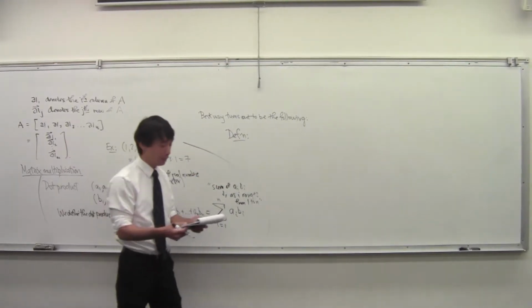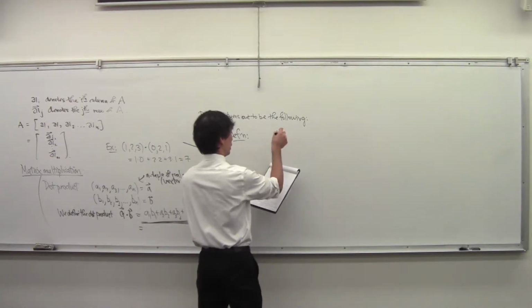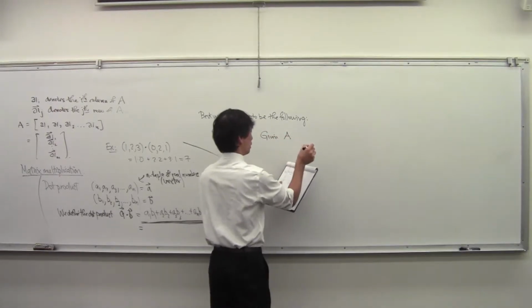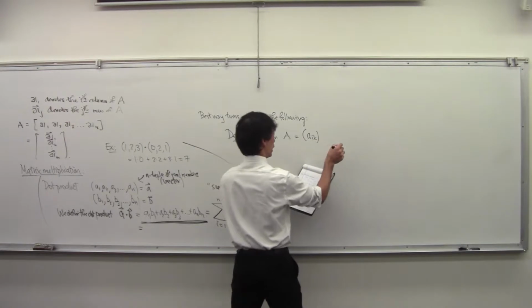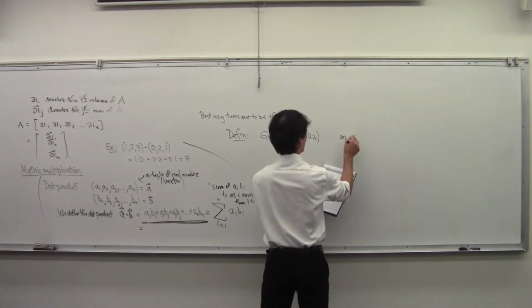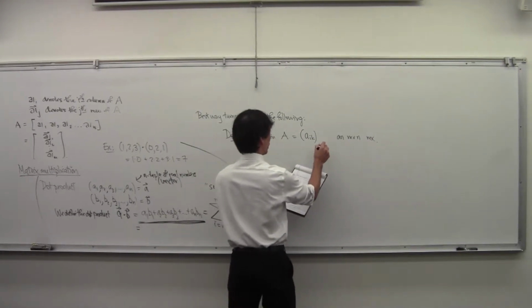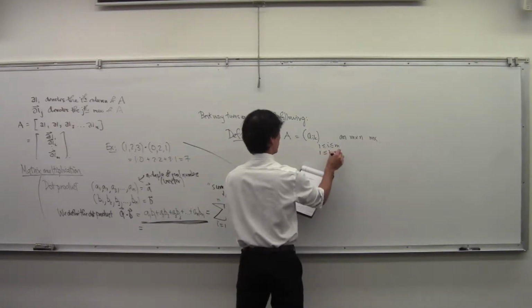Given A, which will be an m by n matrix, where of course i ranges from 1 to m, k ranges from 1 to n.